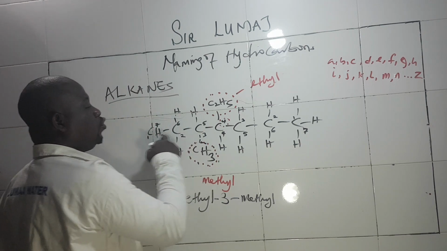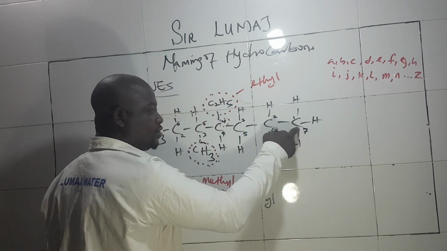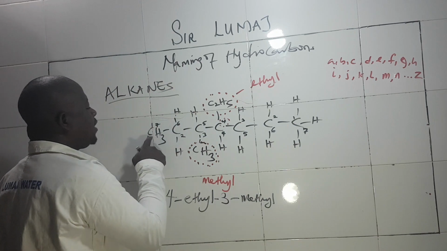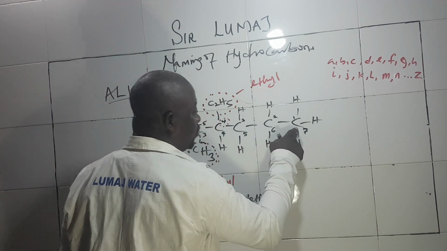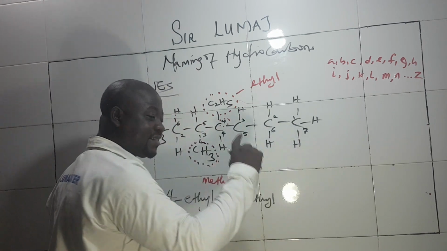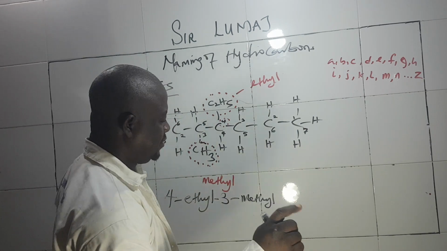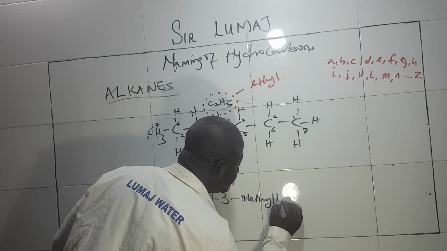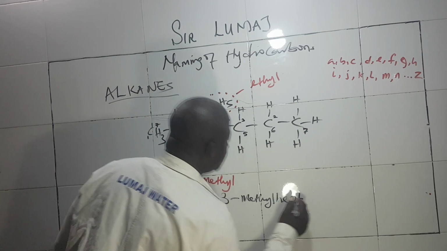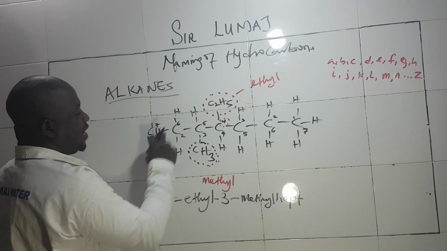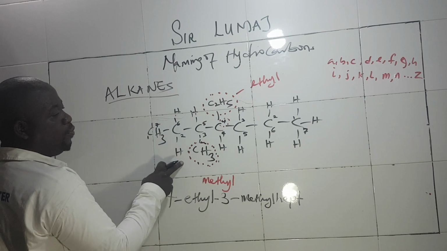Then you say, what is the name? How many carbon atoms do we have as the longest continuous chain? We have 7. And 7 is hept. So which compound are we dealing with? This is an alkane, and there is no double bond here.